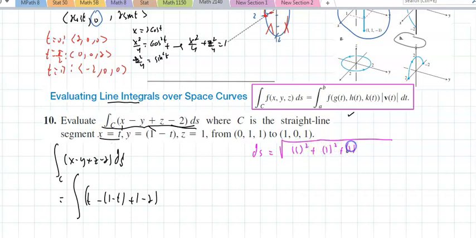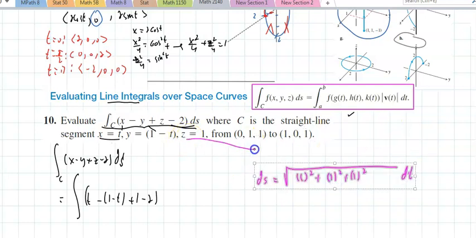Now something I want to point out. I could do it that way, but I really recommend that you actually start writing this down, because pretty soon it's not going to be a constant. Write what r of t is. r of t is defined by t, 1 minus t, and 1. So, oh boy, I even messed up. That's a 0 and that's a negative 1.